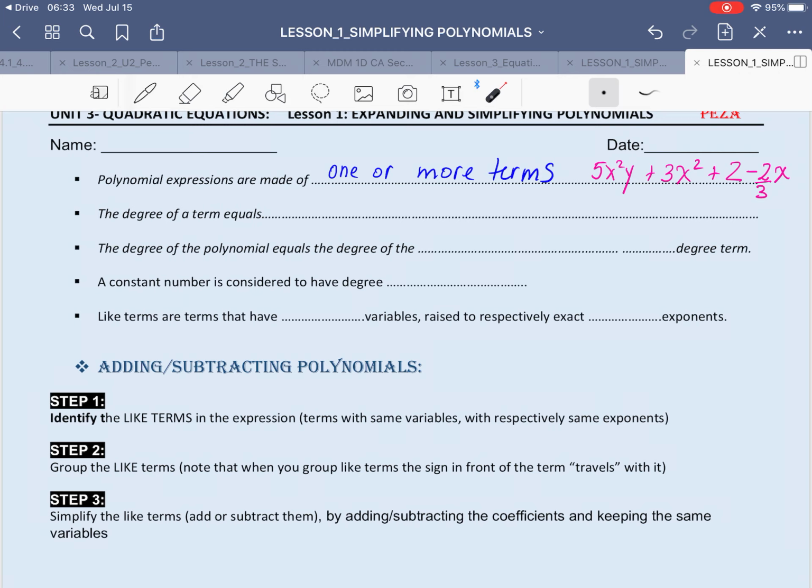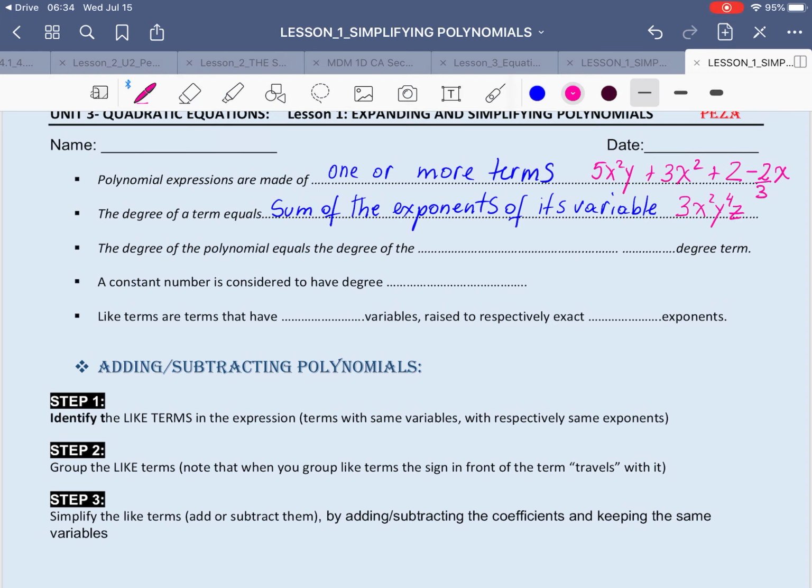other. Now, the degree of a term equals the sum of the exponents of all the variables the term has. So we're going to say the sum of the exponents of its variables. As an example, I will take the term 3x squared y to the 4th z.